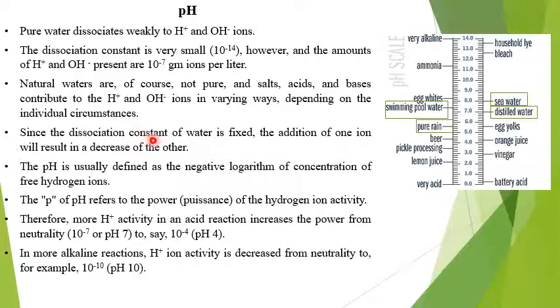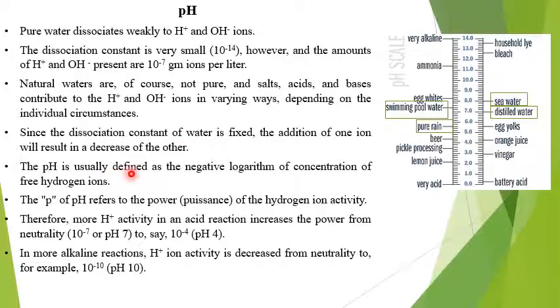Since the dissociation constant of water is fixed, if one ion increases, the other will decrease. So the balance will be like that.